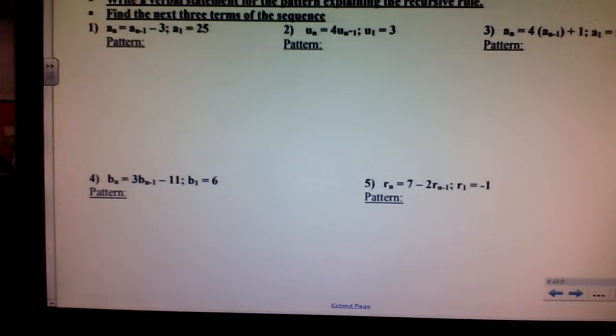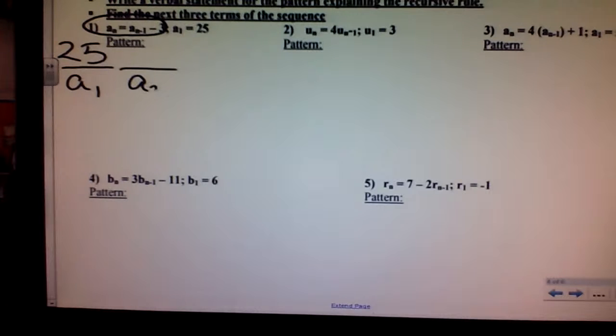So, I need to figure out what my equation is telling me to do. It's telling you to subtract 3 from the one previous. Right now it's telling me that a sub 1 is 25. My pattern's telling me, take that number and subtract 3.